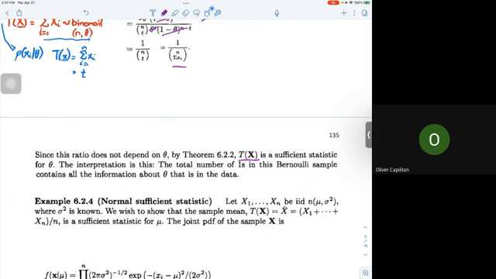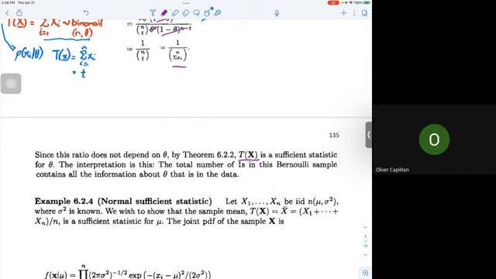So the interpretation is this: the total number of ones in this Bernoulli sample contains all the information about theta that is in the data.